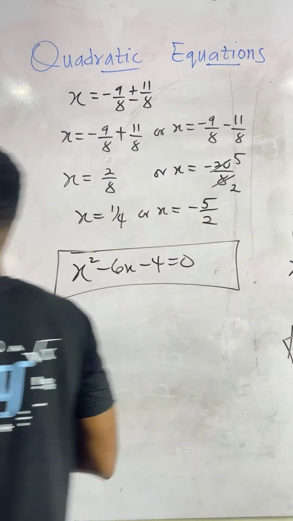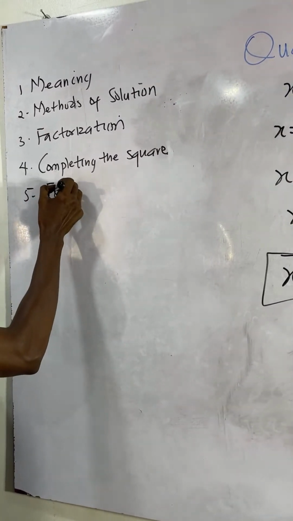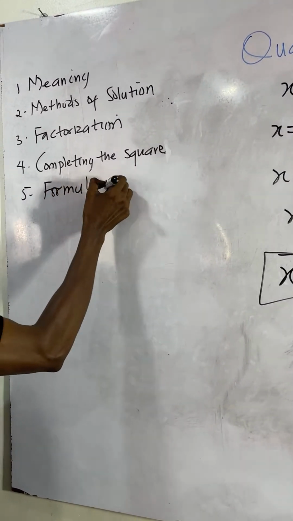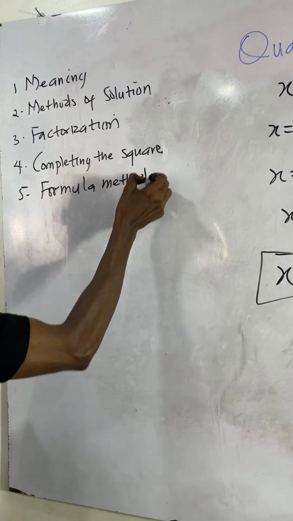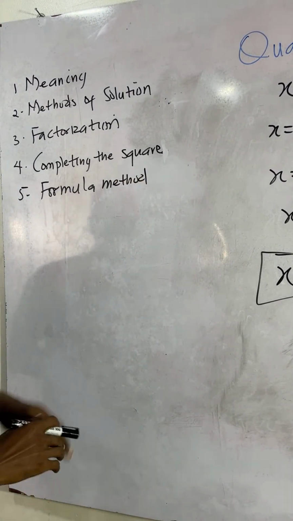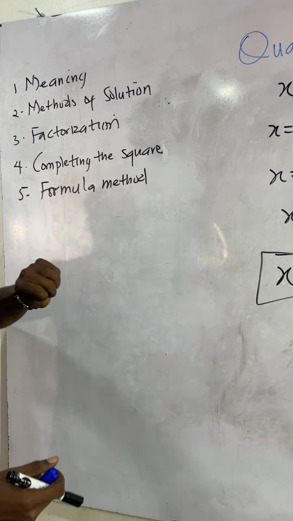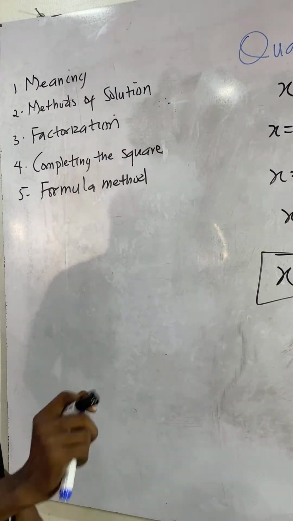So we'll move to the next part of our lecture, which is formula. Formula method. And the formula method is pretty straightforward. That's like the result of completing the square. That's pretty straightforward.